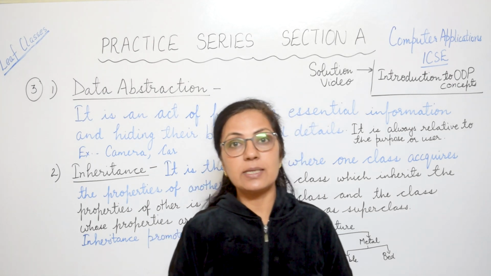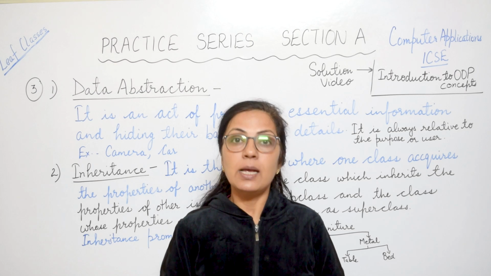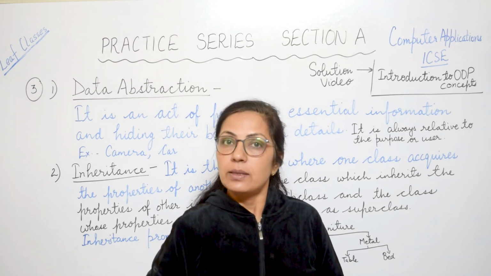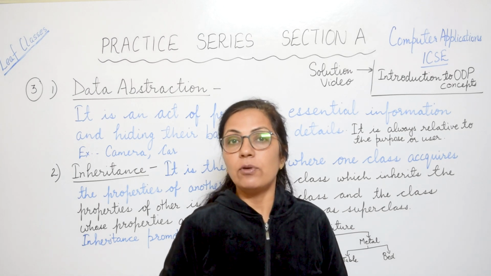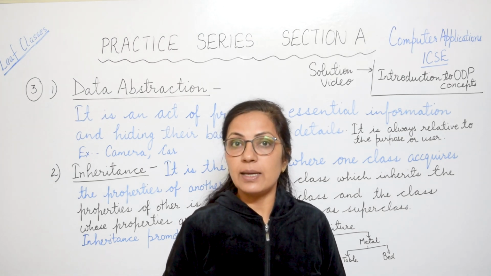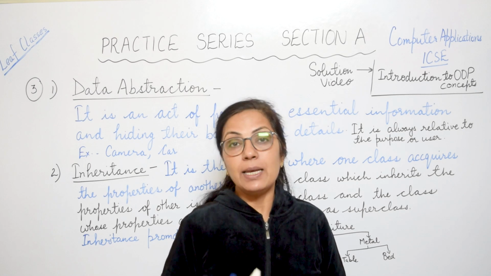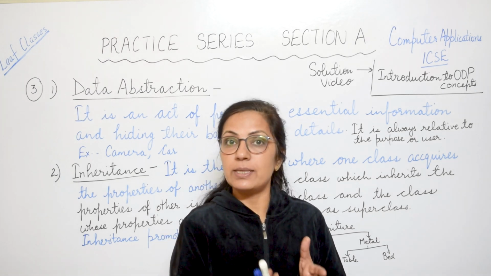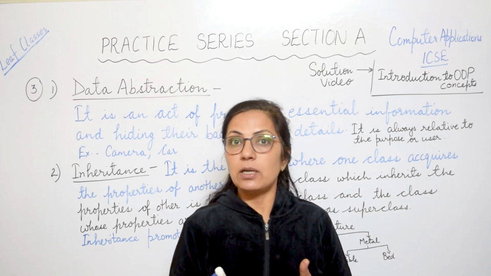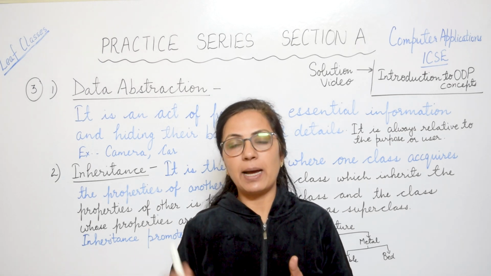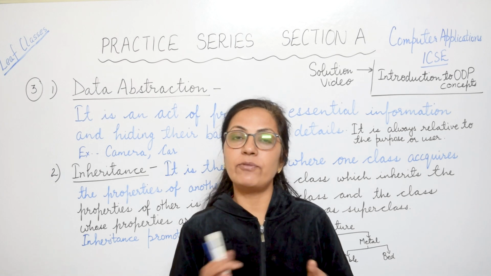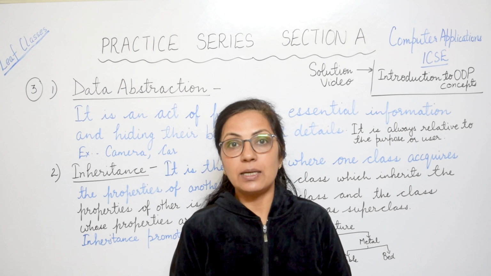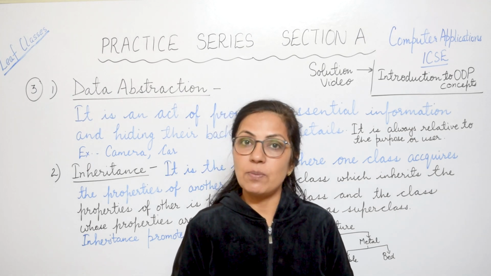Let me take the example of car, right? The person who is the owner of the car, for him the price of the car, the fuel consumption, what is the average mileage, all that matters. Say suppose you are just sitting at the back seat. For you, whether it is comfortable or not, whether it is neat and clean, that is important.